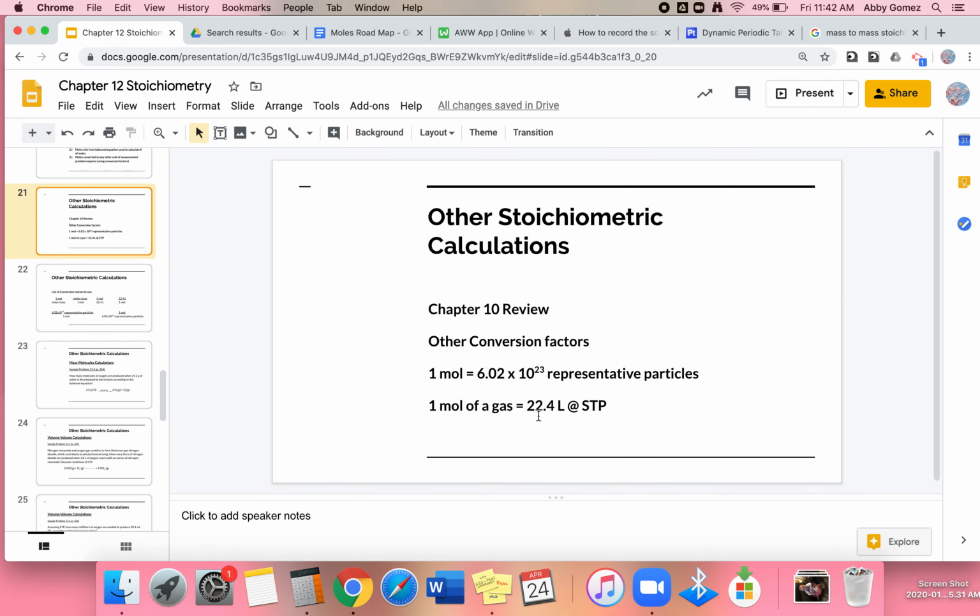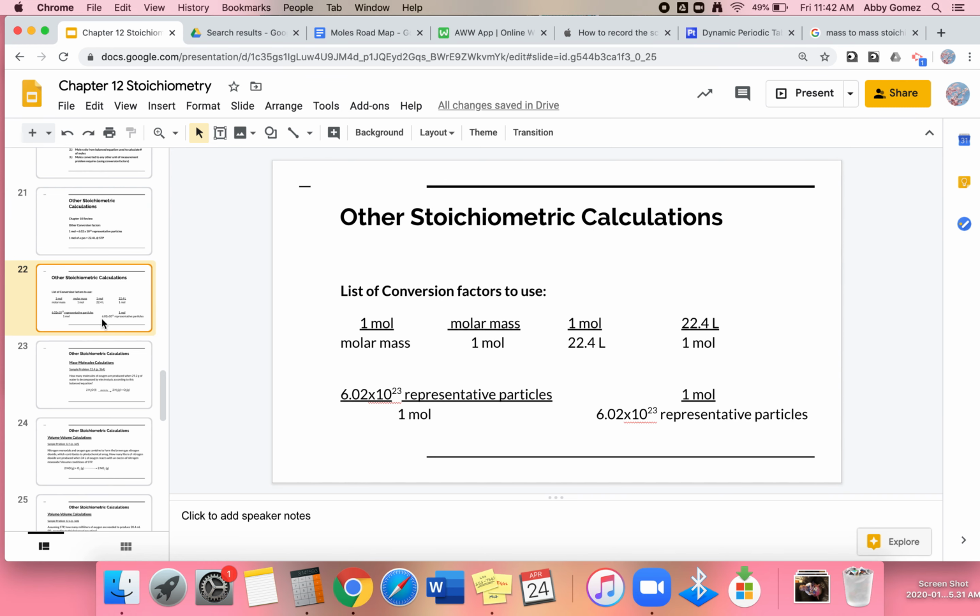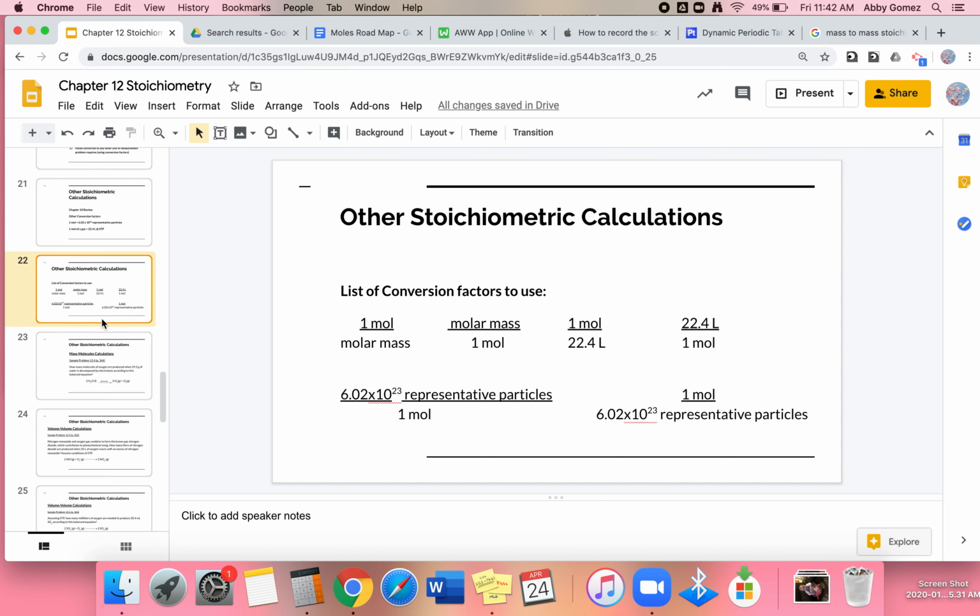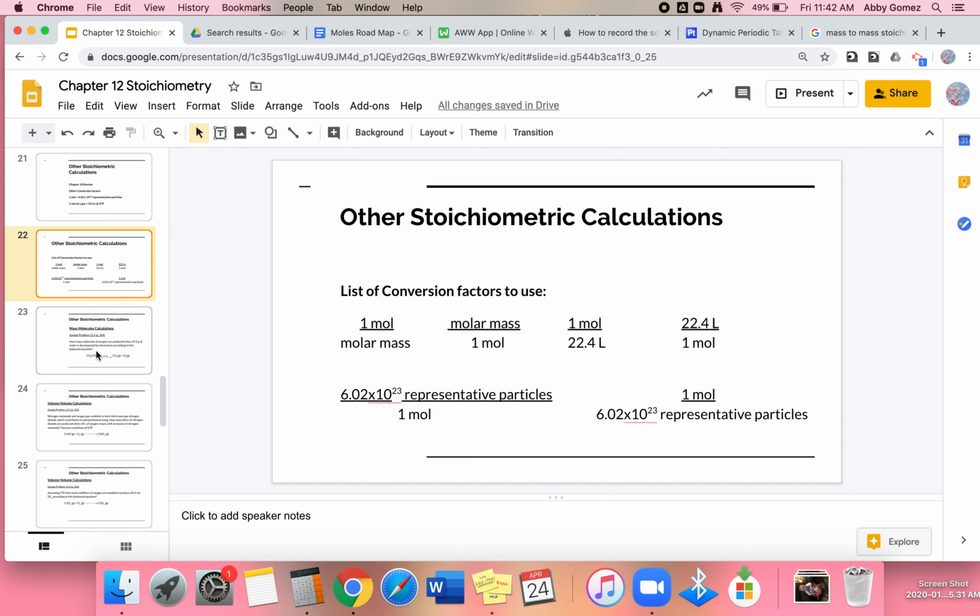It reminds you of some of those other conversion factors that you might come upon here in these last practice problems. That 1 mole is equal to Avogadro's number of representative particles, and 1 mole of gas is equal to 22.4 liters. Here's a slide with all the different conversion factors you can use.